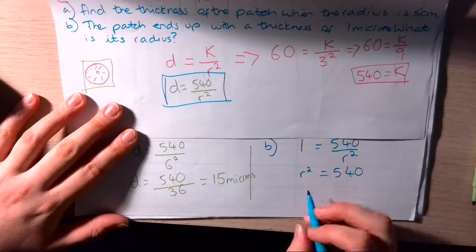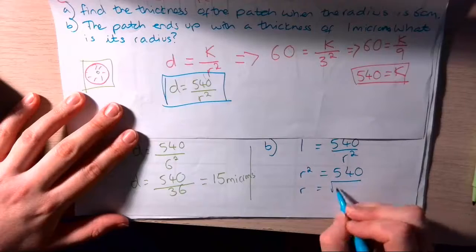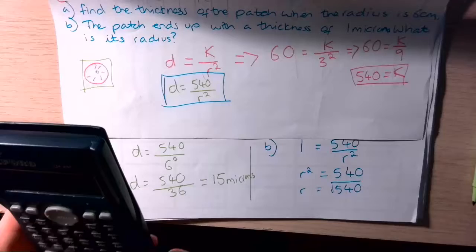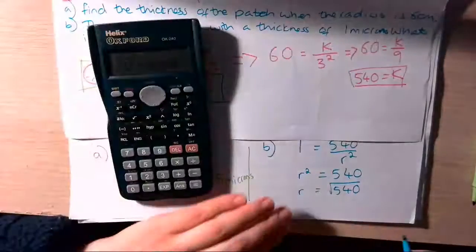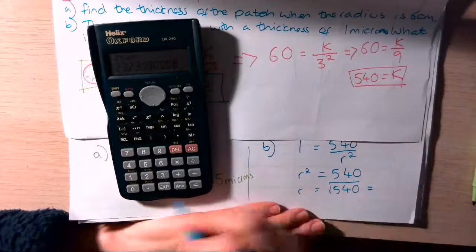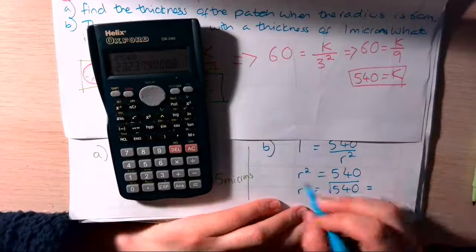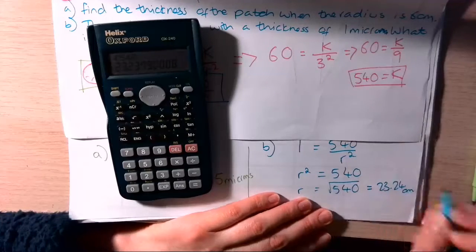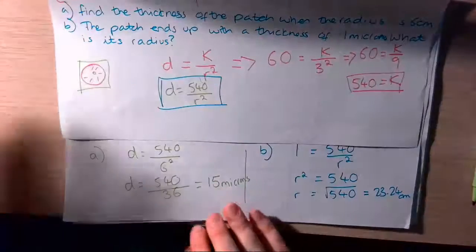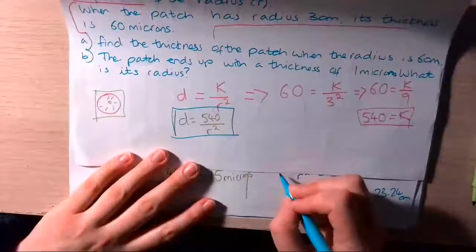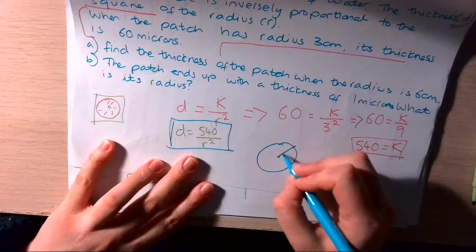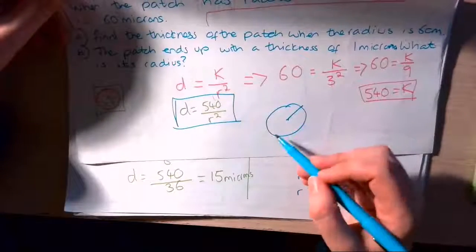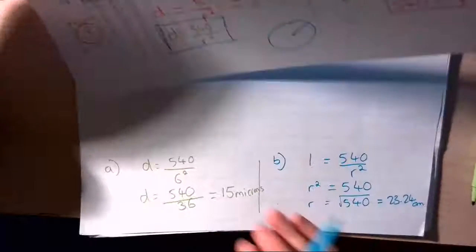And then the inverse of this is to say that r equals the square root of 540, which is, hold on to your hats, a long decimal, but we'll round to 2 decimal places because we're working in centimetres: 23.24 centimetres as the radius. So quite a big one actually, because don't forget radius is from the centre to the outside of your circle. It's this part here. So it's coming up to nearly half a metre across. Given how it was when it started off, that's quite impressive.